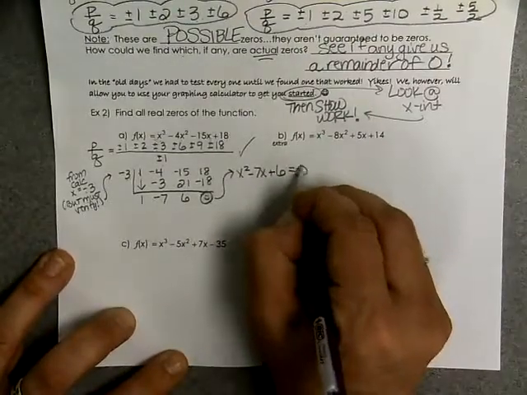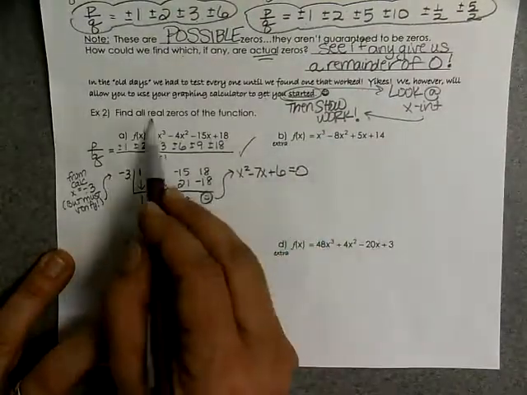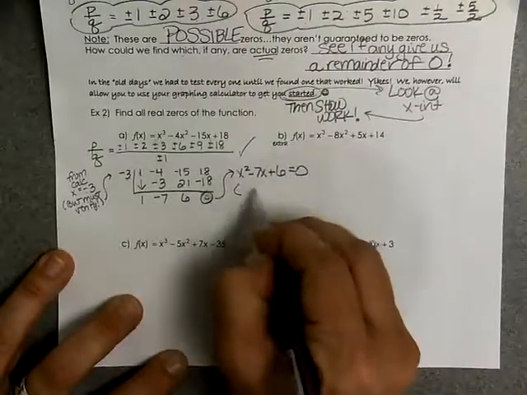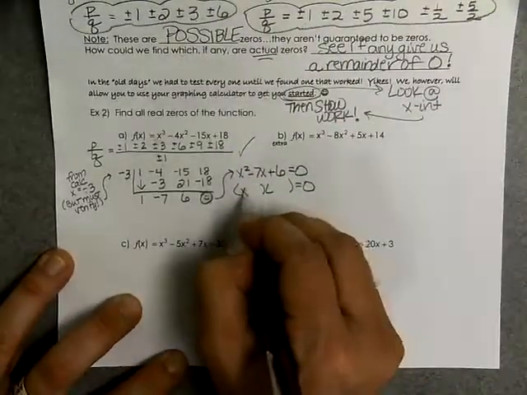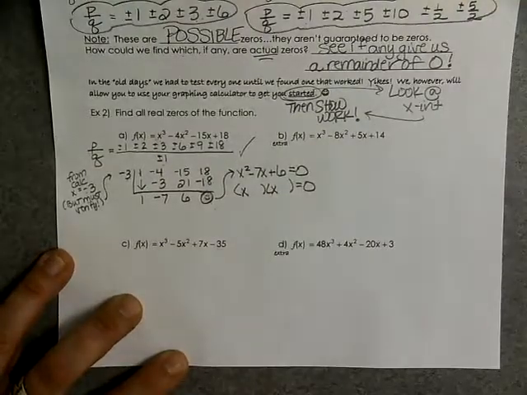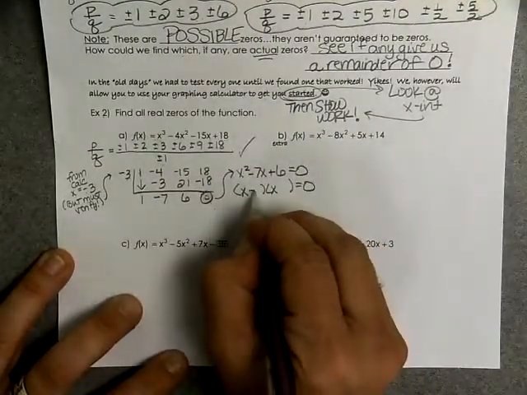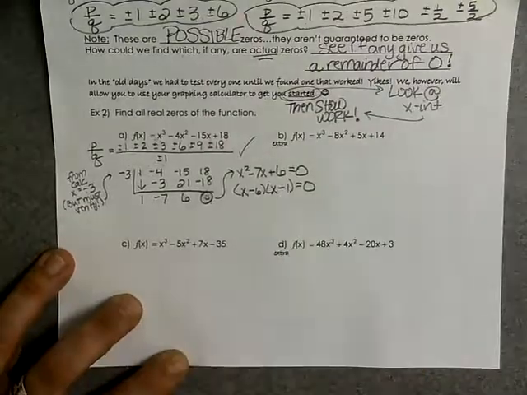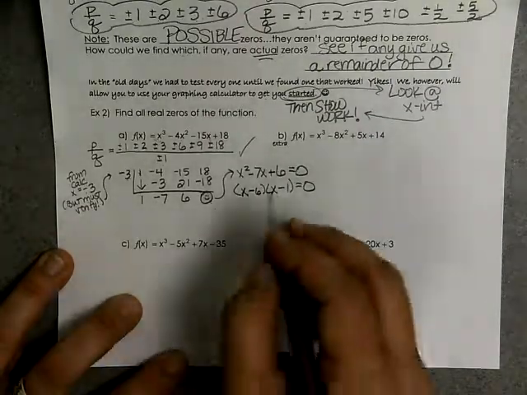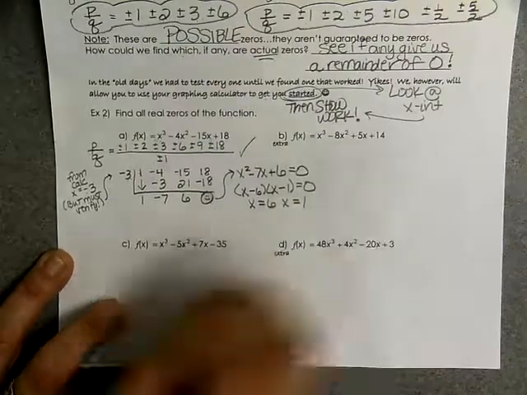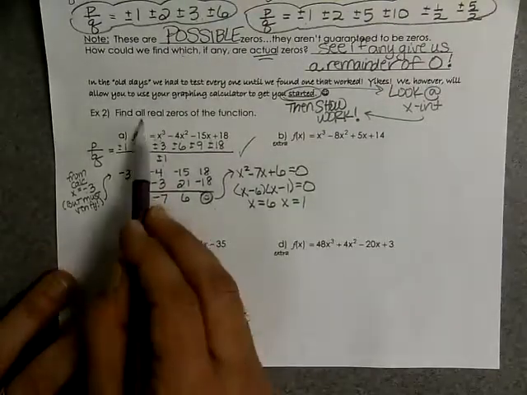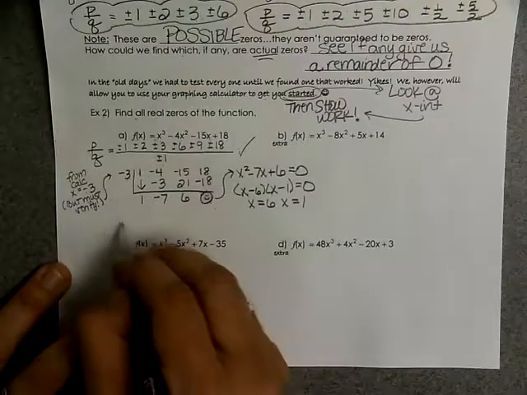Then we can set that equal to 0 to find the other zeros of the function. Because this is super fun, now this is factorable. So we have x and x. The factors of 6 that would work would be negative 6 and negative 1, meaning that my zeros are 6 and 1.